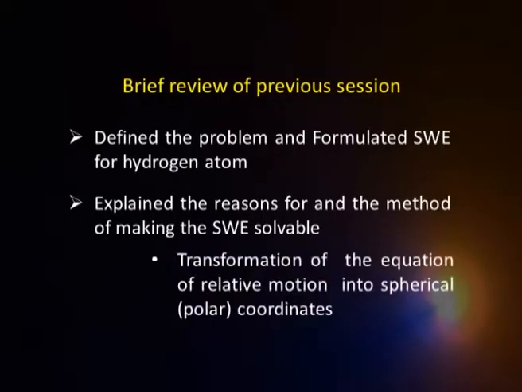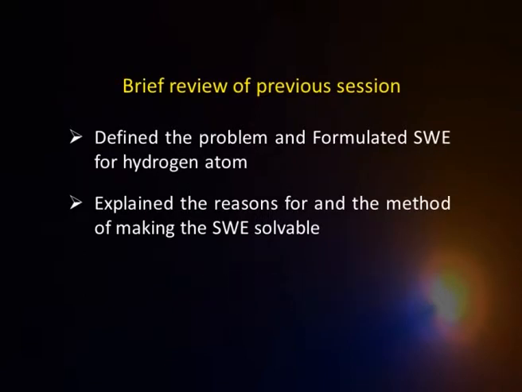To sort out that issue, we transformed the equation into spherical polar coordinates r, theta and phi. With that development, we could separate the equation into three smaller components, respectively the r equation, theta equation and phi equation.